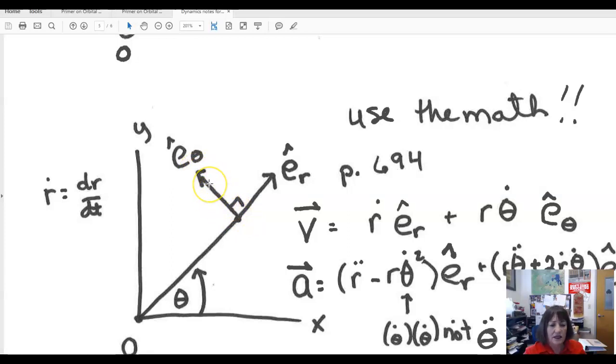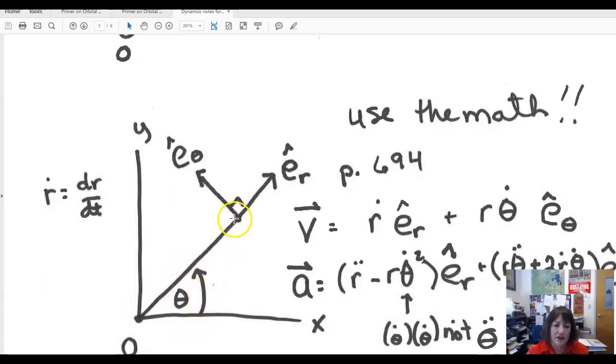Now E sub theta is not in any way naturally required to be tangential to the path of motion. It's not tangential to the path of motion in general. There are instances where it is, but it's not to be expected. The other thing is, you notice it's called E sub theta. It's in the theta direction, but it's not theta itself.